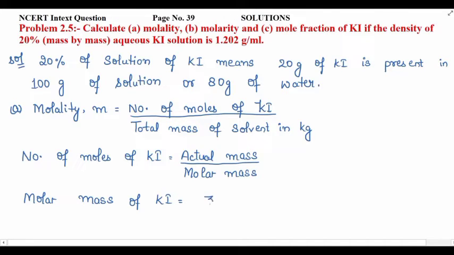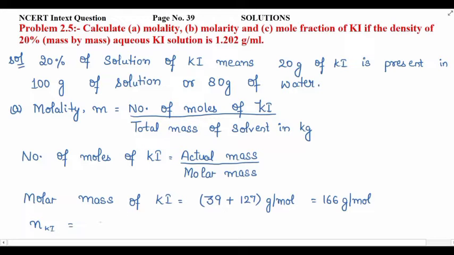So the molar mass of KI is equal to 39 plus 127 gram, equal to 166 gram per mole. So it is the molar mass of KI, and now we can find the number of moles of KI easily.